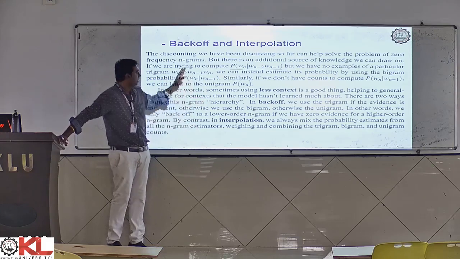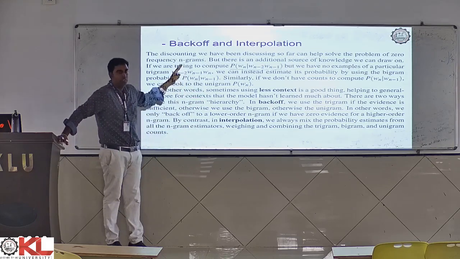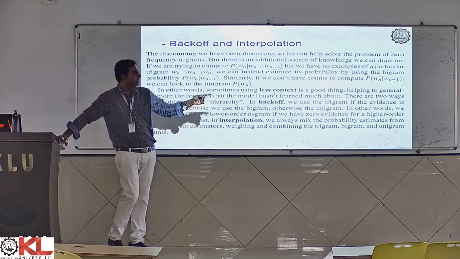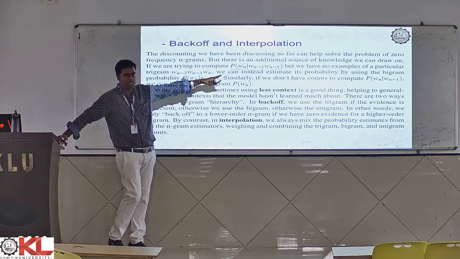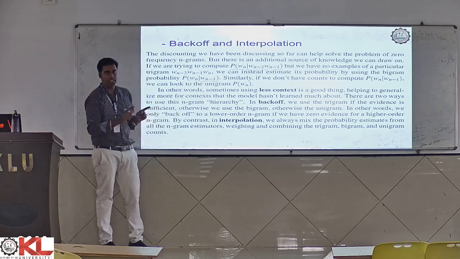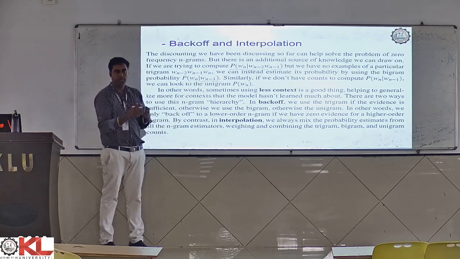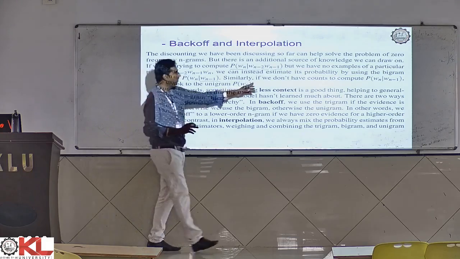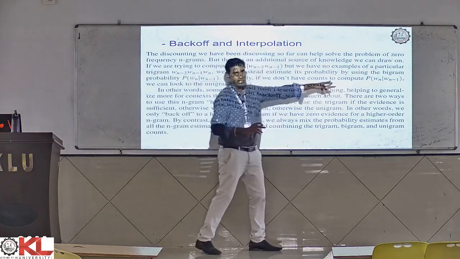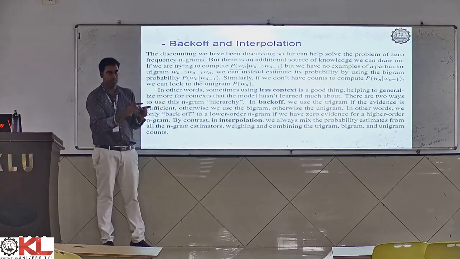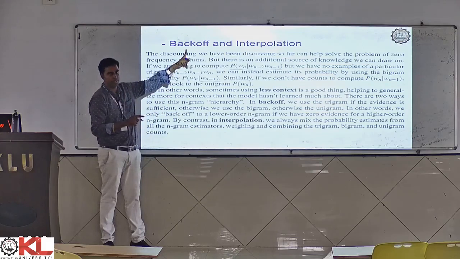From the trigram model, we check the bigram model. Instead of taking two previous words of history, we take one previous word of history. Now we check whether we are able to find the probability of occurrence of the next word. If we still don't have enough counts to compute that case, we go to the previous one, which is unigram. That step we call backoff.